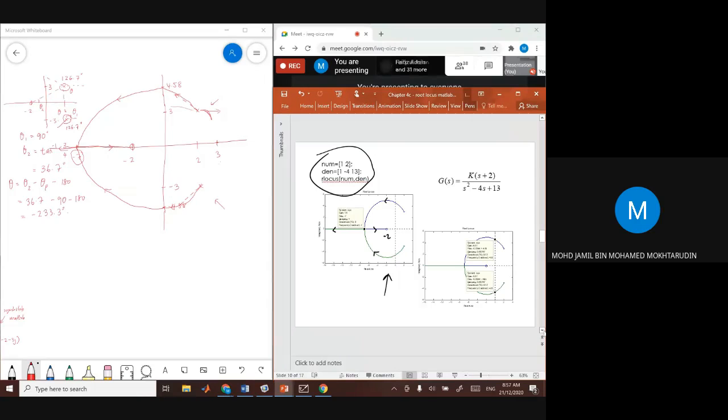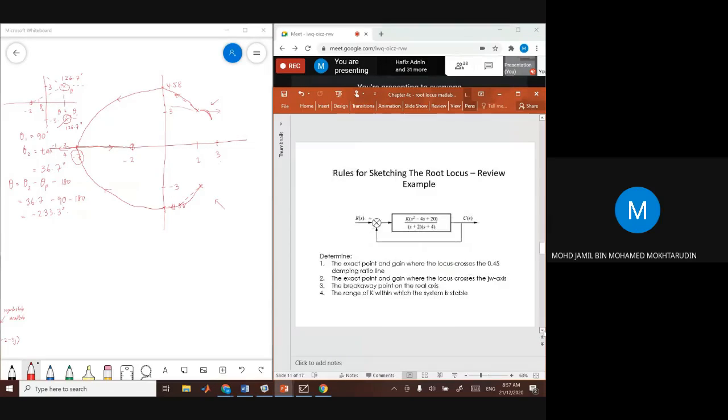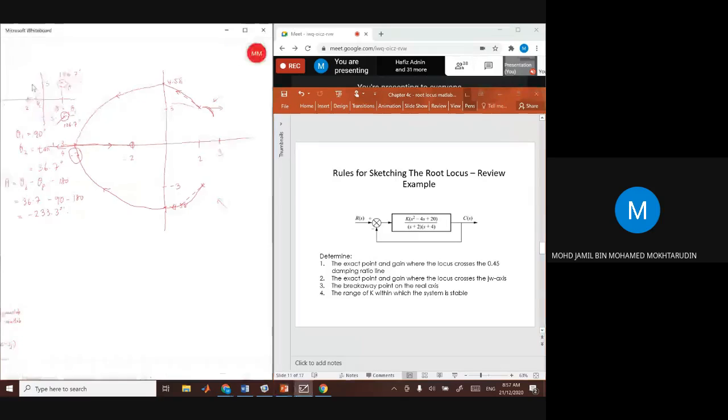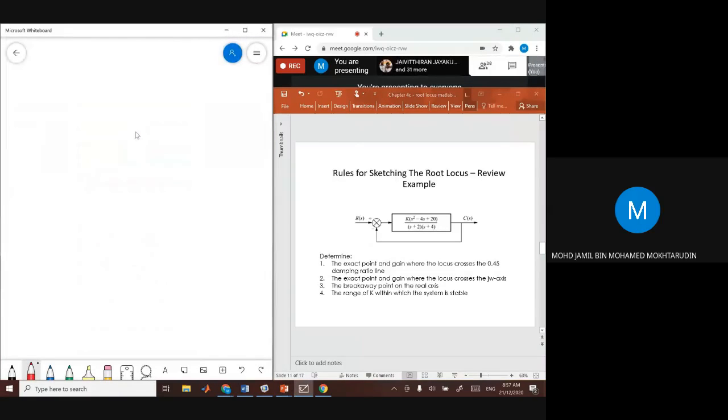Okay, so let's look at example number 2. Here, the example given is in unity feedback. The question asks, determine the exact point and gain where the locus crosses the 0.45 damping ratio line.